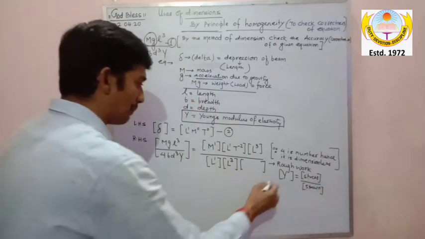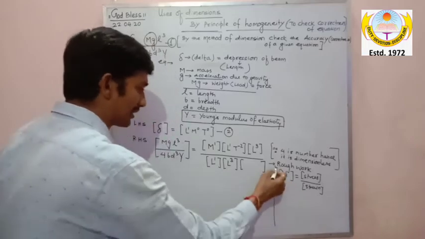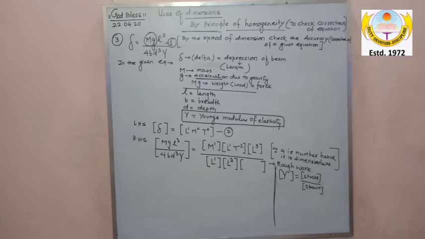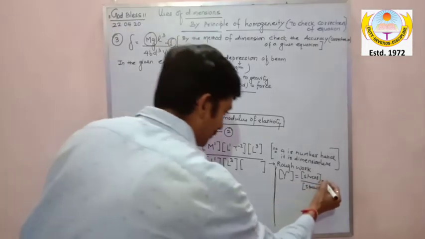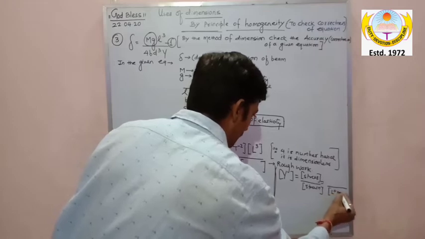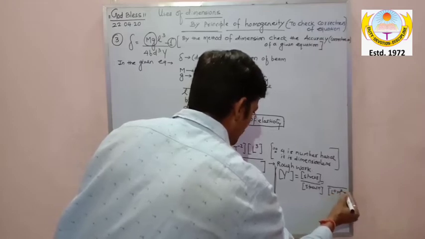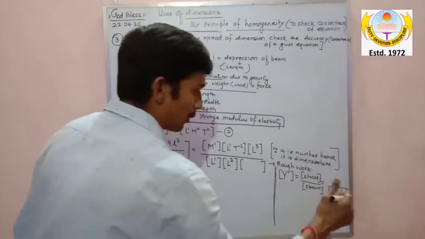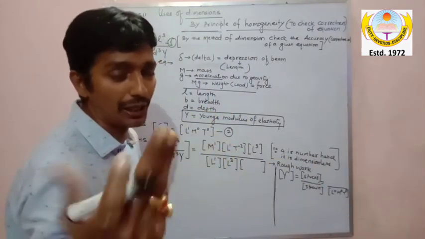Because I do not remember the dimension of Young's modulus, I am doing it on one side. Strain doesn't have a dimension, it is L0, M0, T0. I have already done this, look at my videos.